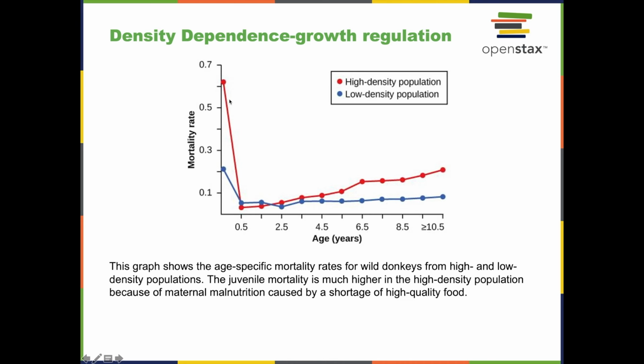If you look at the number of young that die, represented by mortality rate, in a population of donkeys where population density is already high, quite a large number of the young donkeys die because of malnutrition in their parents. But in a lower density population, the number of young that die is much lower.